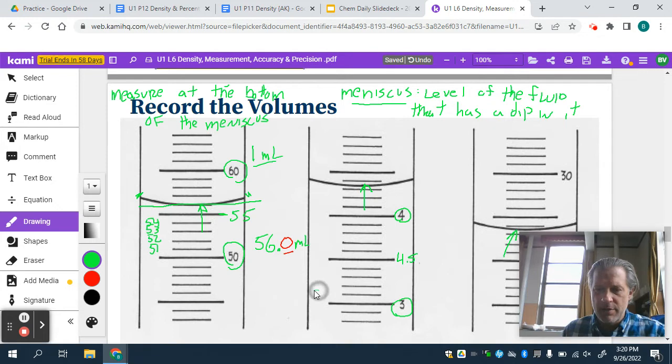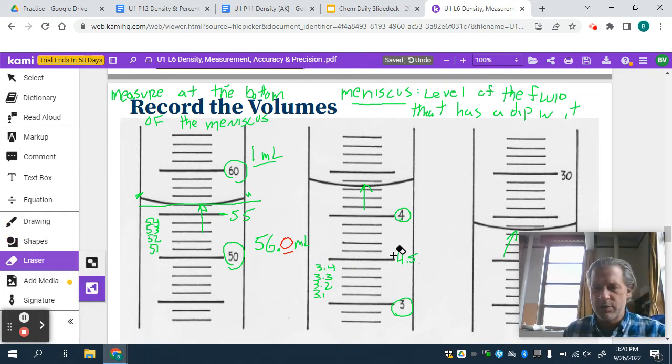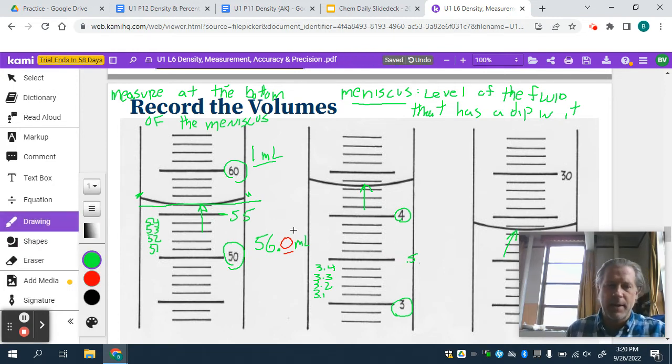So this would be 3.1, 3.2, 3.3, 3.4, and I misspoke when I said 4.5. It should really be 3.5, but the idea is still the same. So yeah, each of these lines on this particular graduated cylinder is marked 0.1 milliliters.